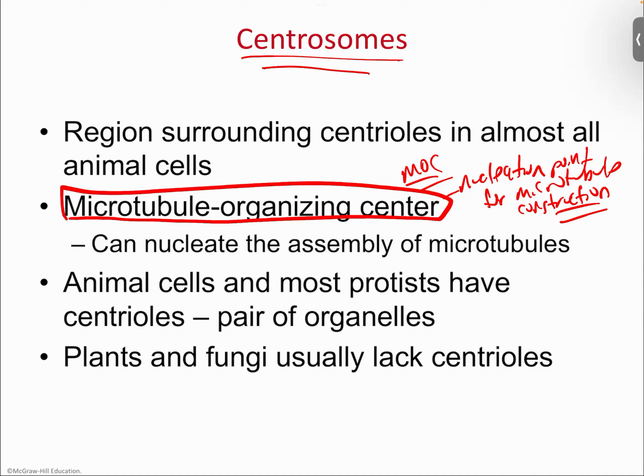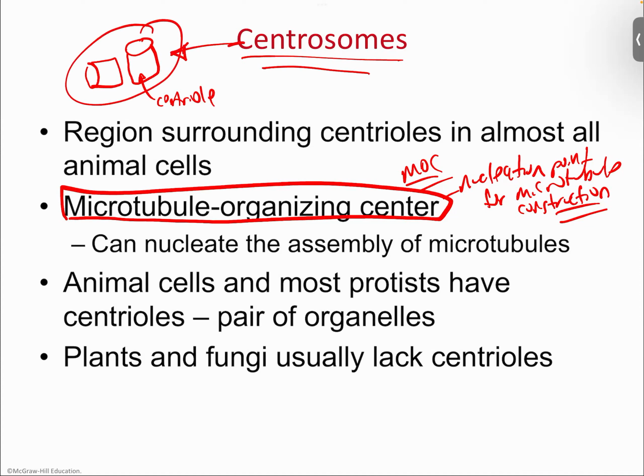Now, the centrosome itself is composed of two drums of microtubules that are perpendicular to each other, called centrioles. So each one of these drums is a centriole. Both of these together is a centrosome. Okay.